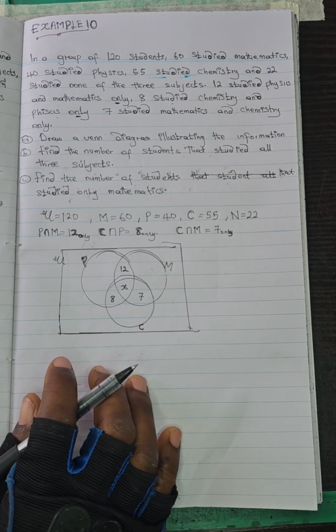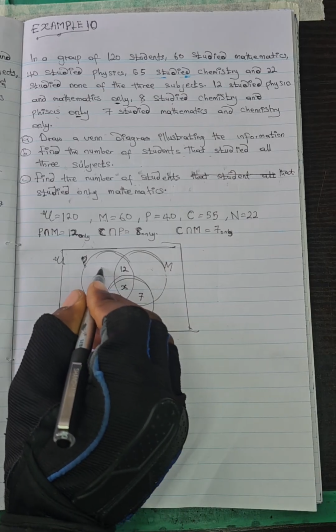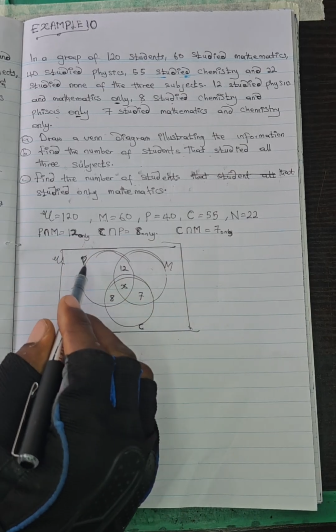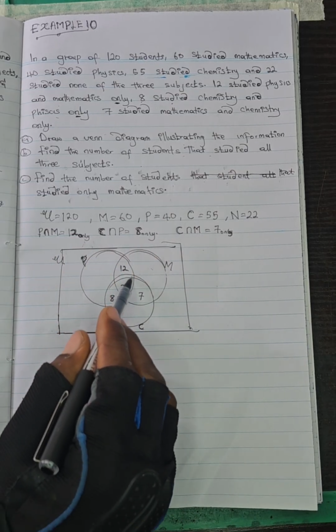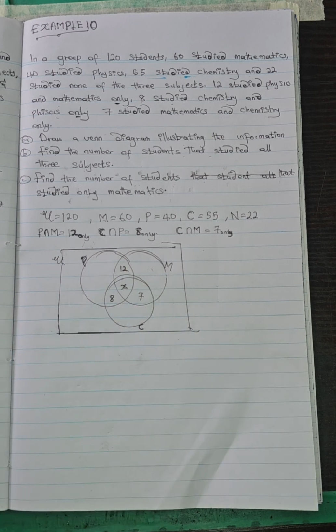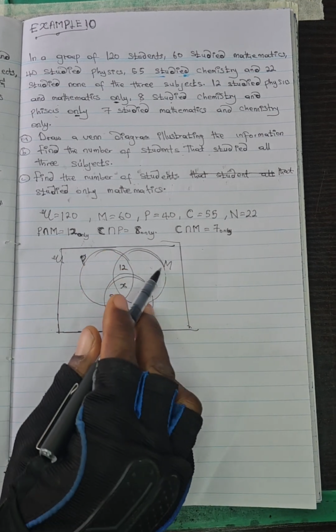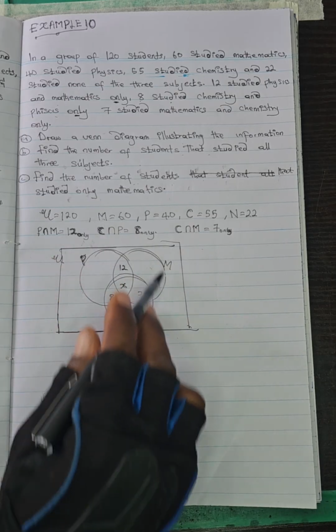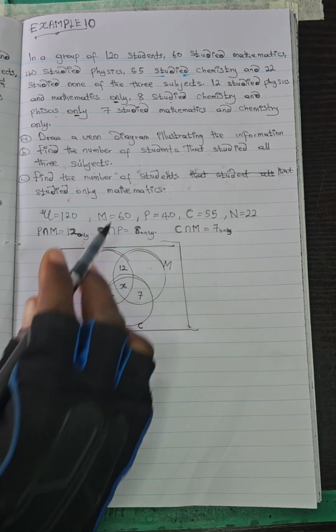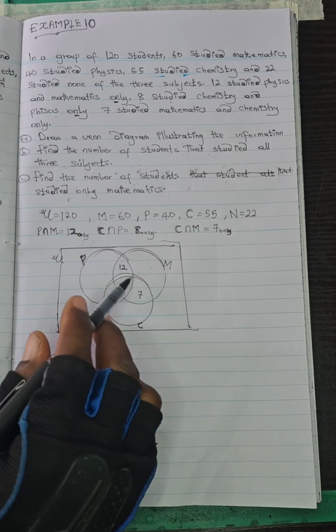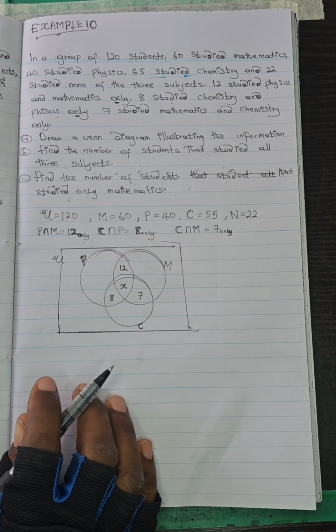Now, the next question you ask yourself is, what is now going to be here? We all know that this physics that you have 40 is everything in this circle. Are we together? In the case of mathematics, everything in this circle is this 60. For the case of chemistry, everything in this circle makes up this 55.